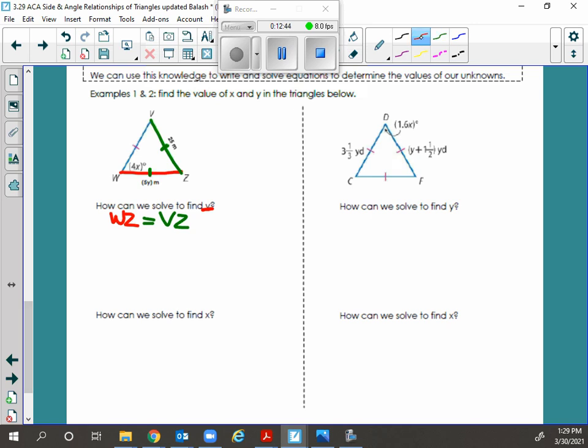And WZ, when I replace it, it's going to be 5y. And VZ shows me 25. If I simply divide both sides by 5, get rid of that multiplying by 5 on the left, it gives me y equals 5. And that would be my answer. For solving to find y, that's all we have to do.